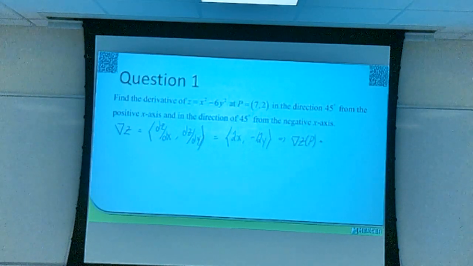So the gradient at the point, what, 14, negative 24? And we can make life easy by factoring out 2.